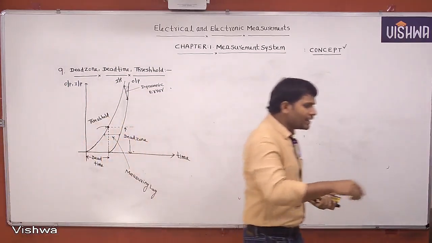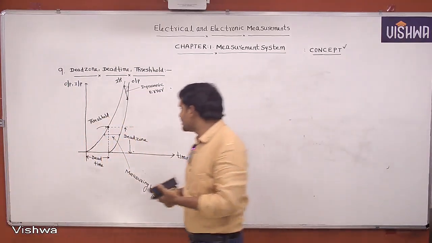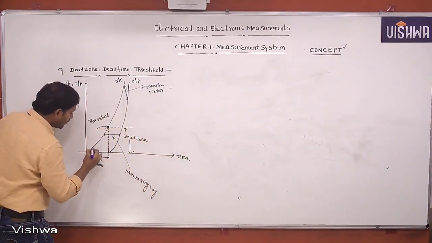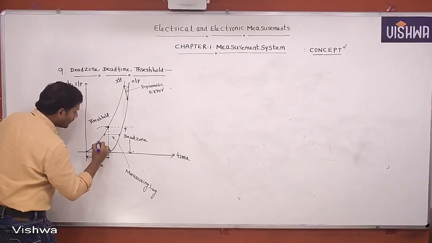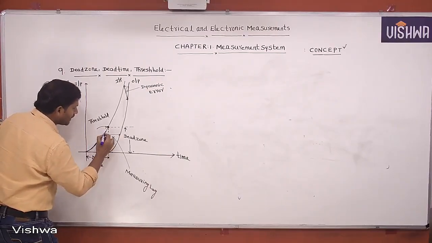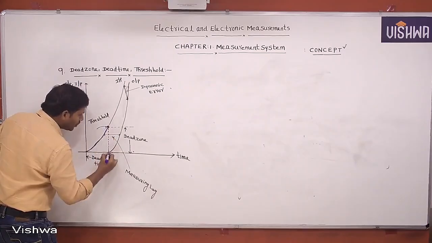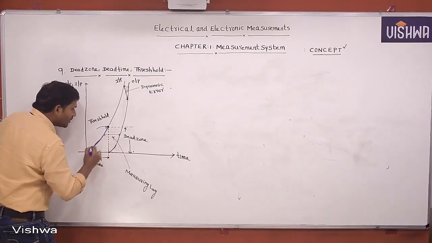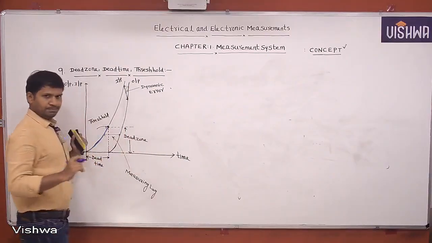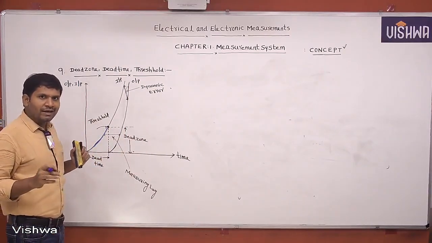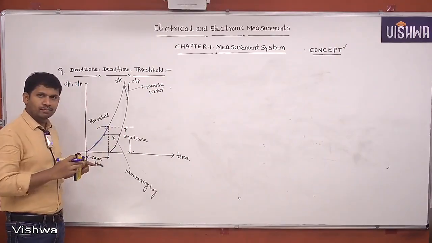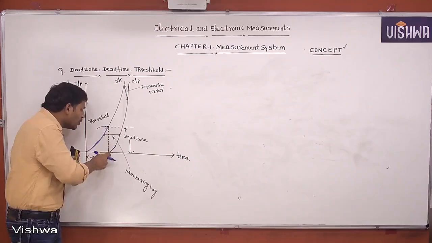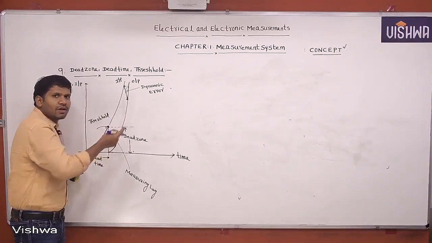We are continuously increasing input, but the output is not started. At this value of input only output is started. This change in this input value is nothing but a dead zone. Dead zone is not a time, this is the input value. We are continuously increasing input, at a particular value of input only output is started. That is called dead zone.